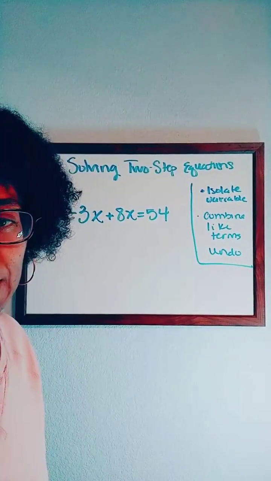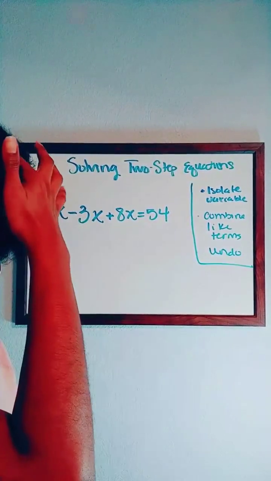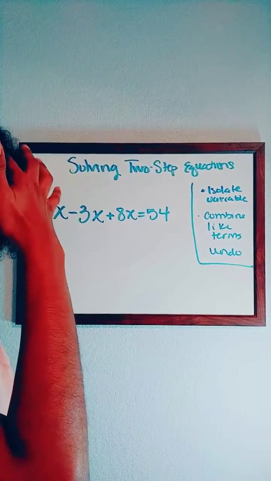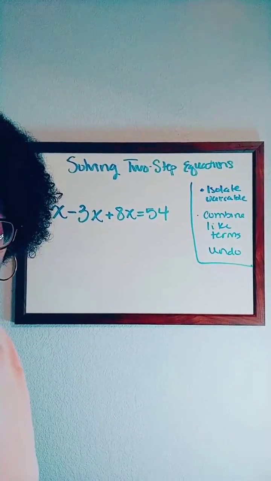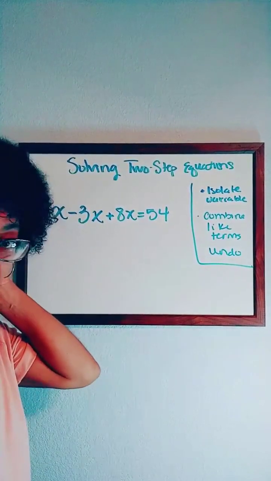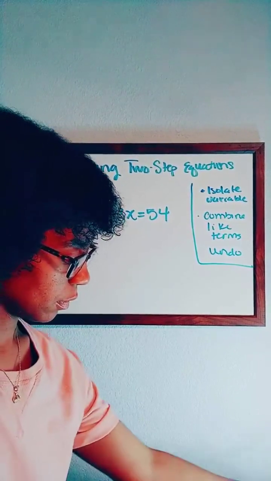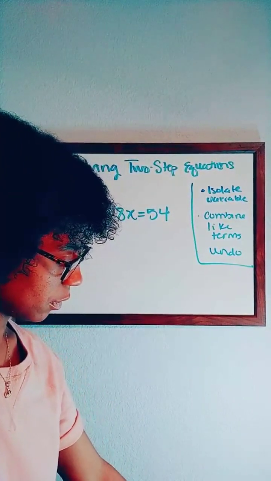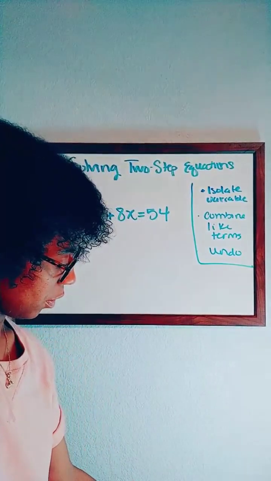They did 7 divided by 2 to get 3 1/2, because remember, the top number is larger. I got somebody said x is equal to 6.